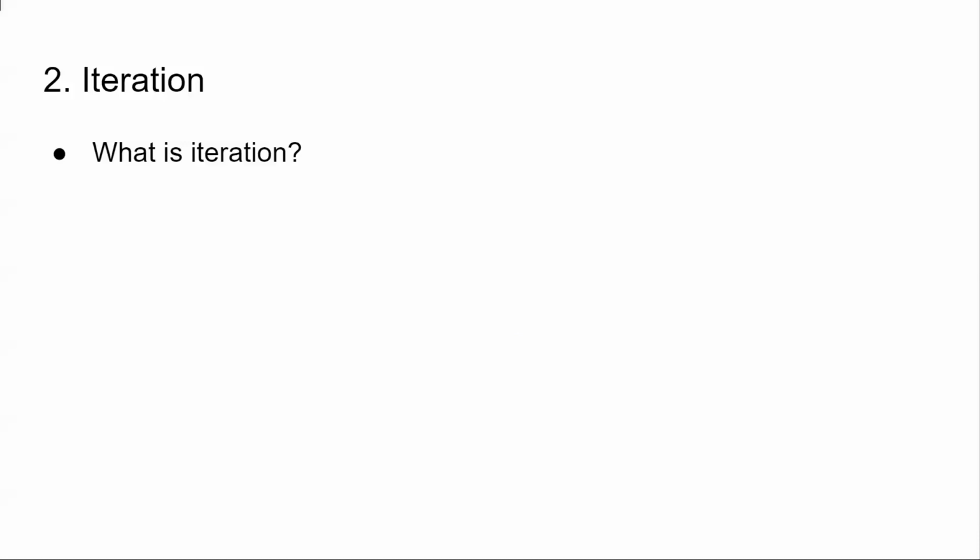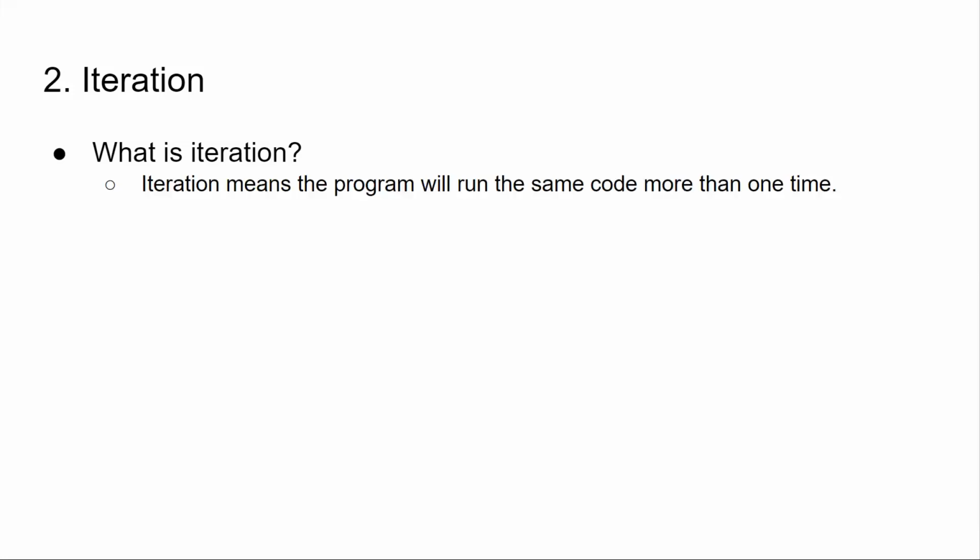Iteration is when there are some parts of the code that can be run by the program more than one time, like maybe 2 times, 20 times, 200 times, 2000 times, whatever. So it has the capability to run that part of the code more than one time. And for this part of the code, we call that a loop. A loop is like a circle or a roundabout. You go into it and circle it many, many times until you want to leave.